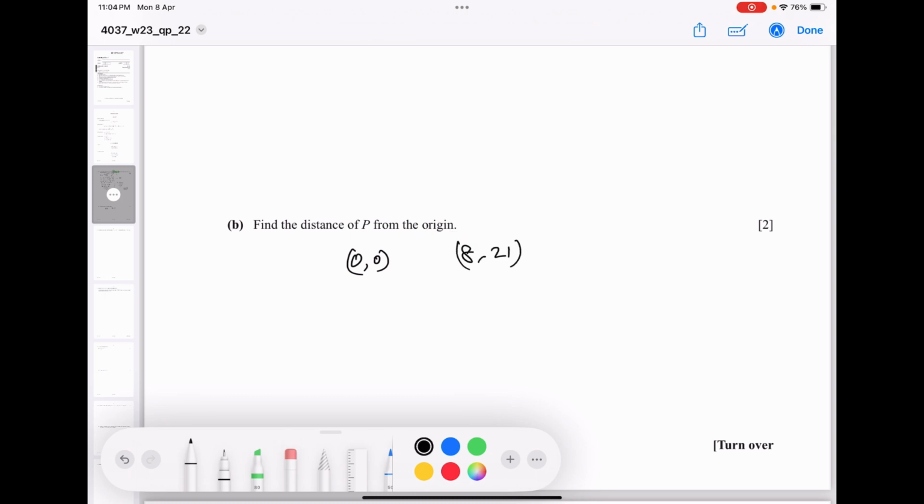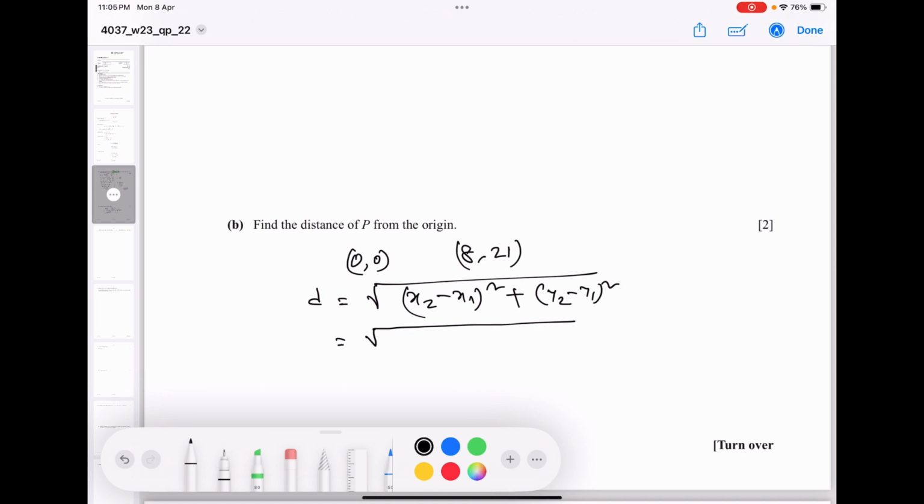We know the distance formula, that is the square root of x2 minus x1 whole squared plus y2 minus y1 whole squared. This is x1, y1, x2, y2. So 8 minus 0 whole squared plus 21 minus 0 whole squared. So that is 8 squared plus 21 squared.